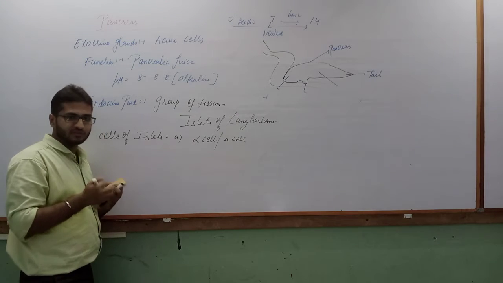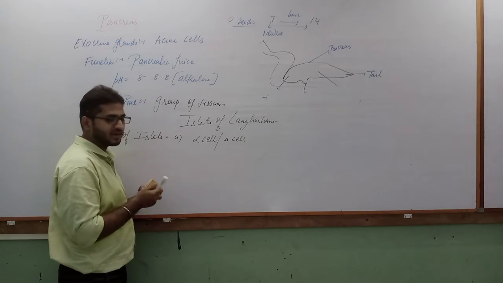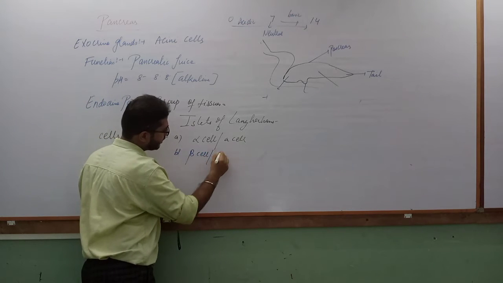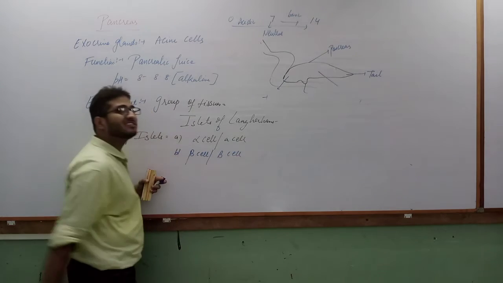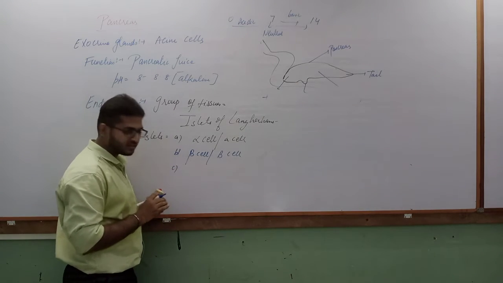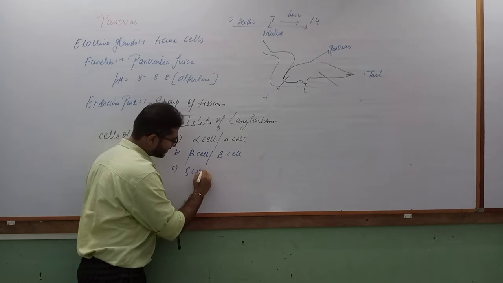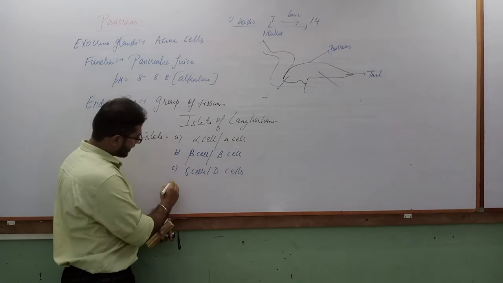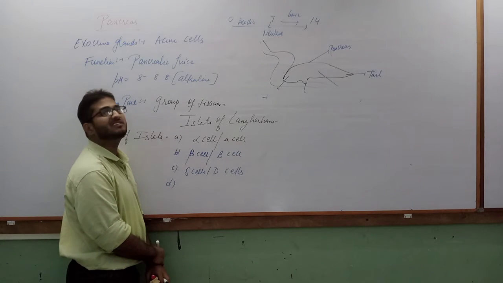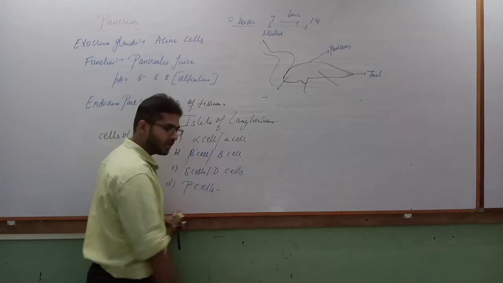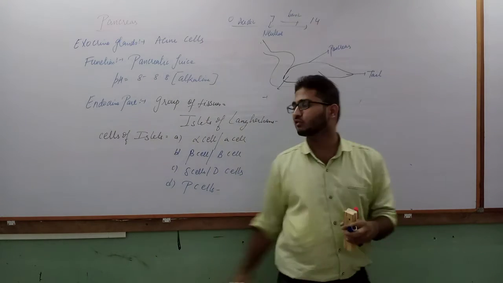The second type of cell is the beta cell, or B cell. The third important type is the delta cell, or D cell. And the fourth is the PP cell, also called the F cell.